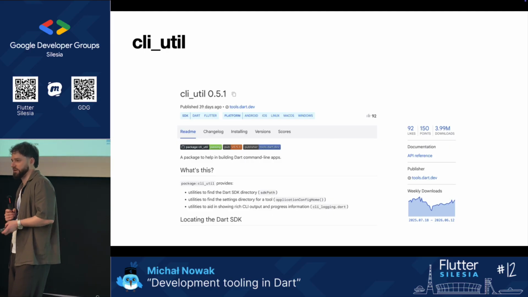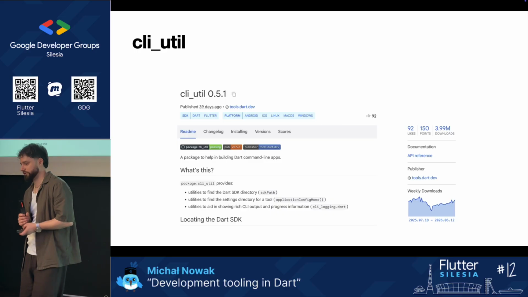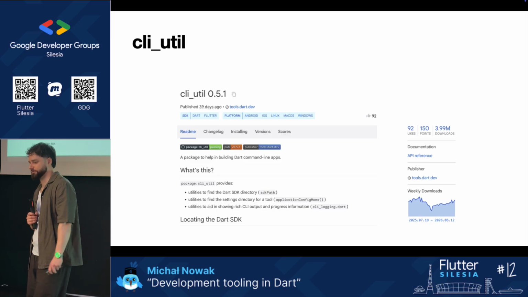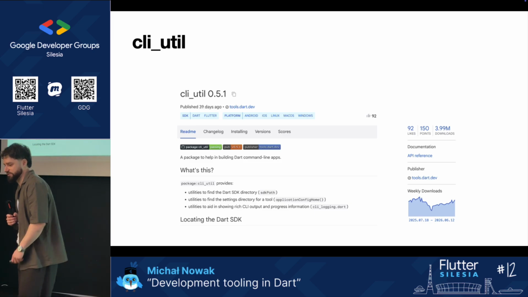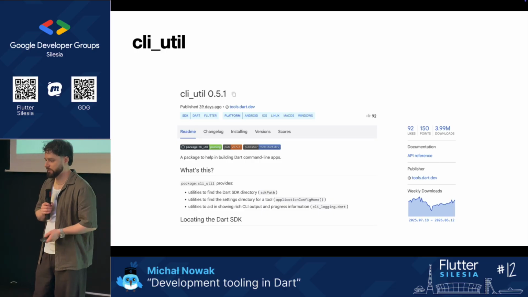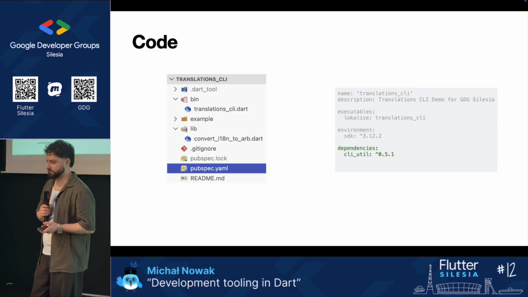Or we can just use ANSI codes directly to not use any dependencies also, but it's just easier to add some of the official tools. Yeah, and the package is called cli_util, which just provides some basic utilities for building CLI tools, CLI apps.